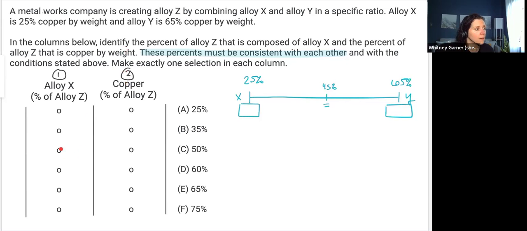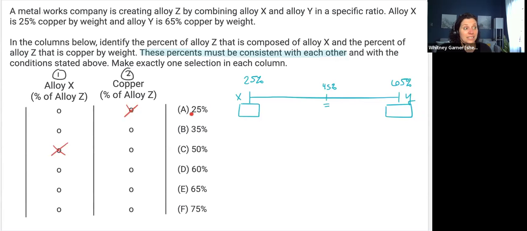So I know that it is not 50% of alloy X. What I know, though, is if I increase the amount of alloy X, the percentage is going to get closer and closer to 25. In fact, if I had 100% X, the percent of copper would be 25.